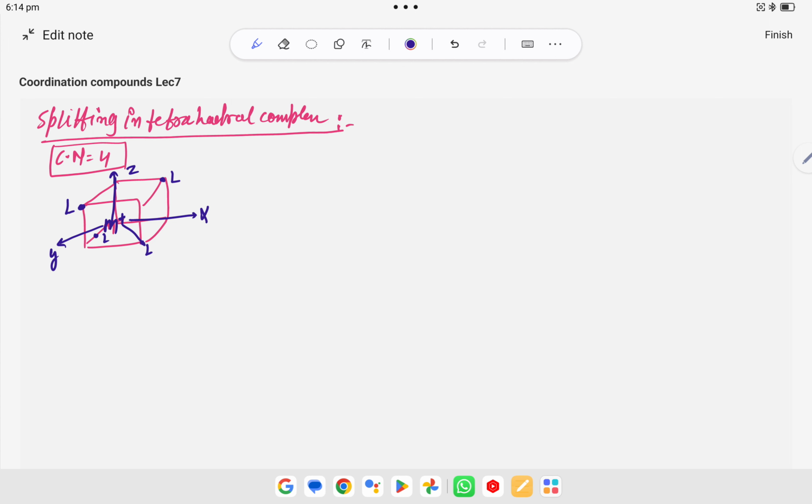So what is the concept here? None of the d orbitals point exactly towards the ligand.